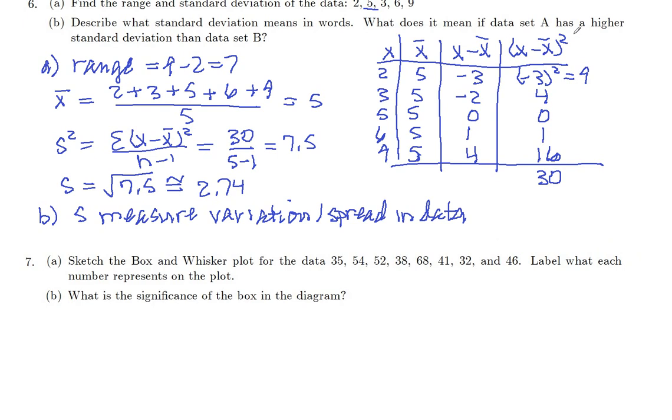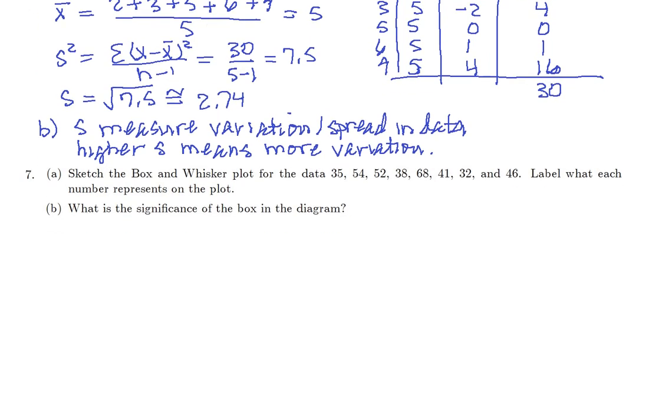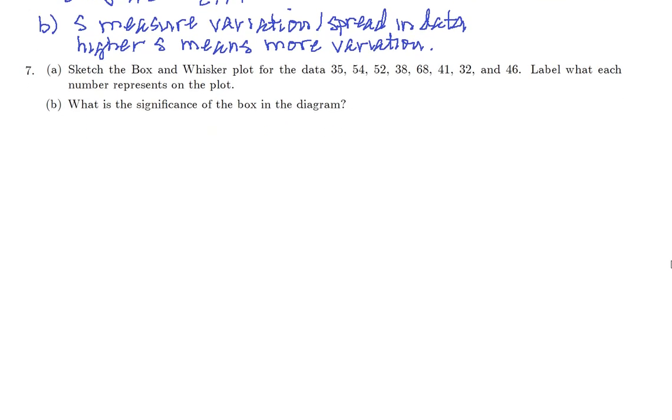And then if data set A has a higher standard deviation than data set B, that means more spread. So higher S means more spread or more variation. Now that one's set. Now we're ready for our box and whisker plot.